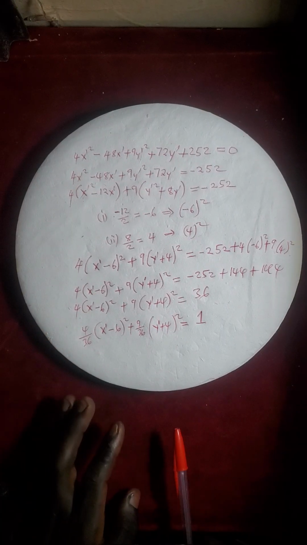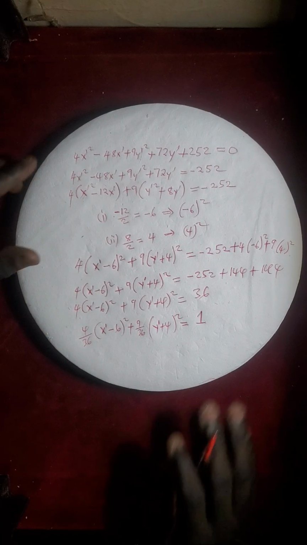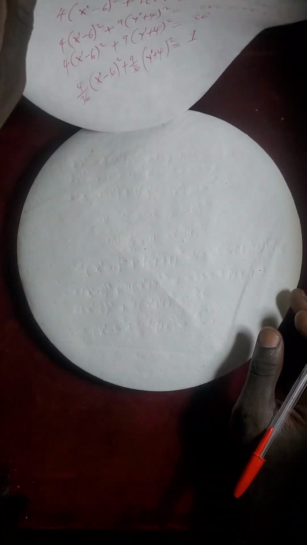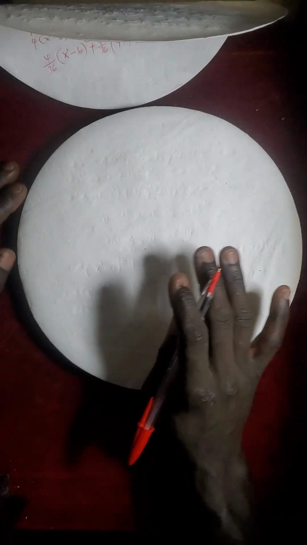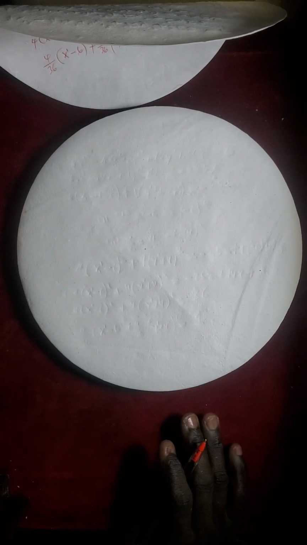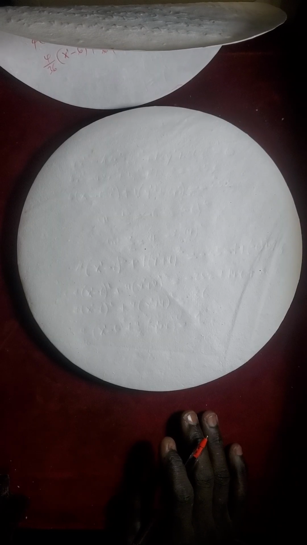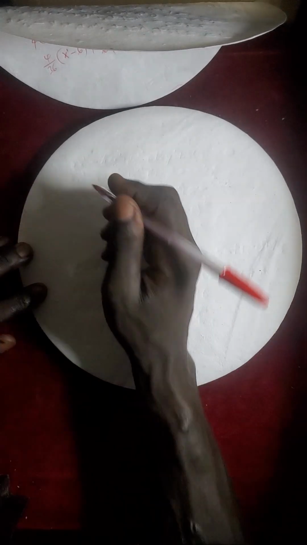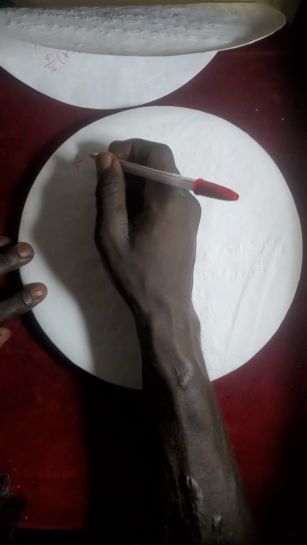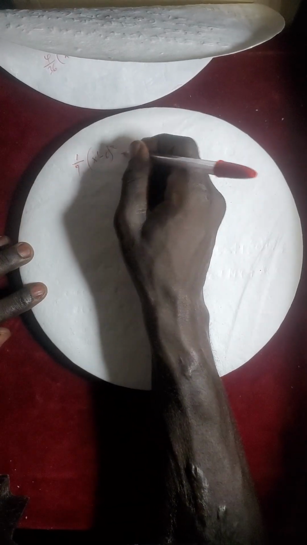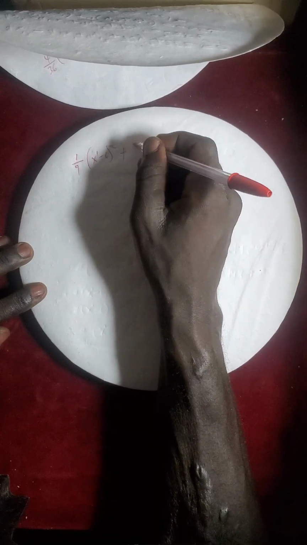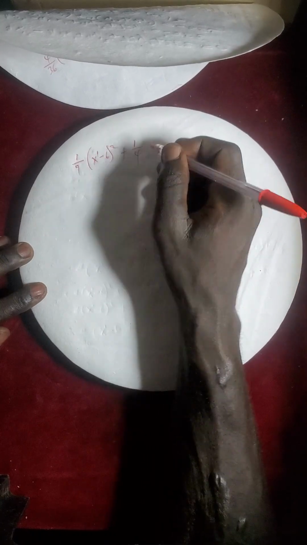From there, I suggest we use a new page so that we can follow up clearly. So, using the old information there was 4 over 36. If you simplify that, it will give you 1 over 9. Then there will be this, plus it will be 1 over 4.